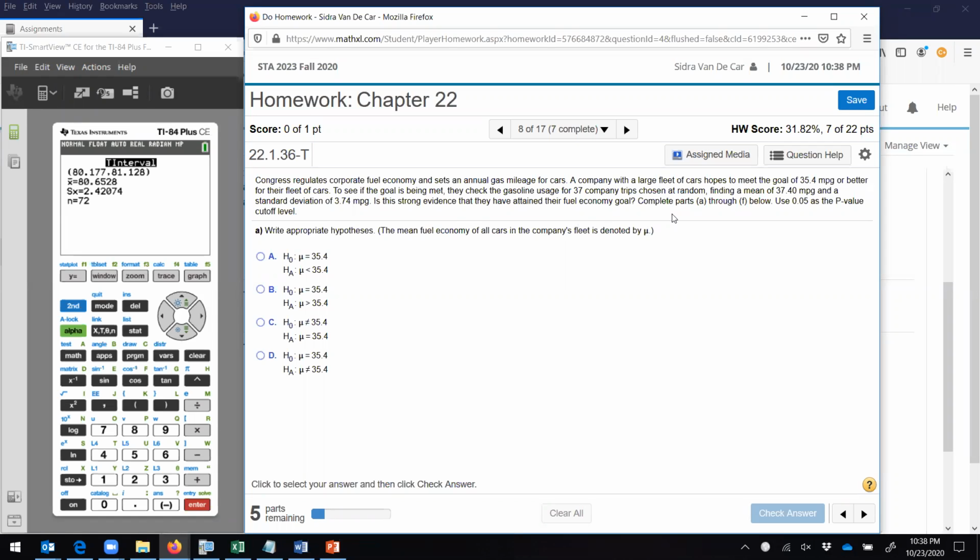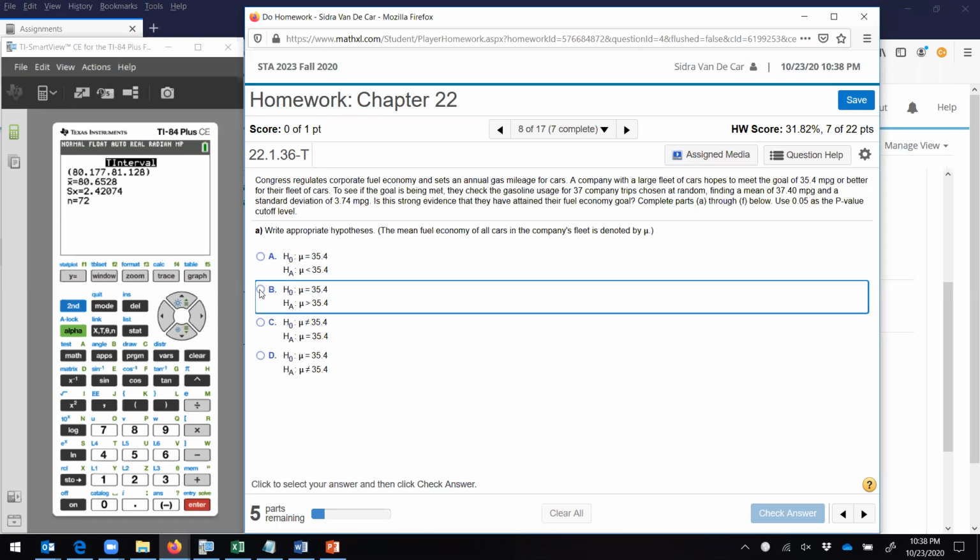Is this strong evidence they have attained their fuel economy goal? All right, so we want this or better. So our null is that we equal 35.4, and better would be that we're larger than 35.4.